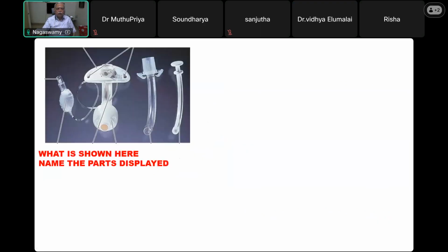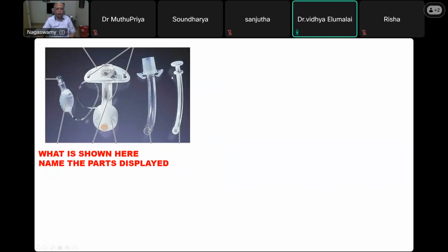These are all tubes of what? Tracheostomy tubes, very short ones. Again, this is the inflating valve. This is the pilot balloon. This is the cuff. What are these two tubes?